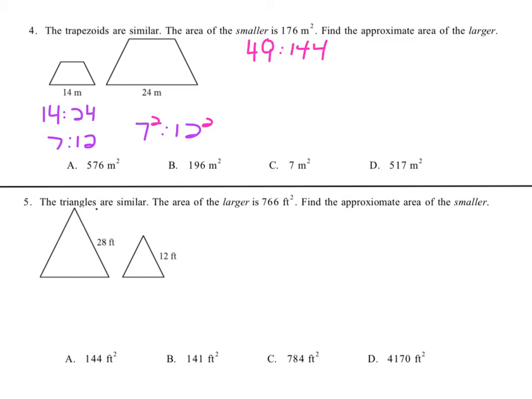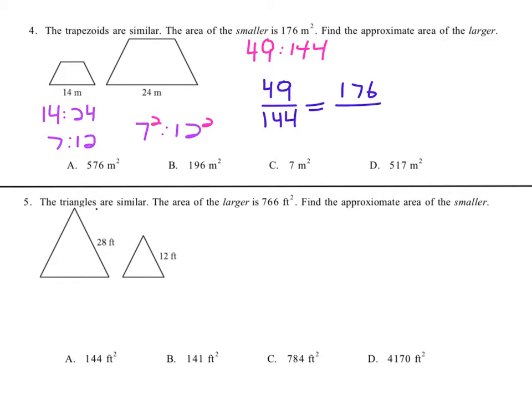And then they say, okay, another way to write it is actually, because this might be helpful to see it like that. 49 to 144 is the same as saying 49 over 144 as a ratio like that. And we can say that's equal to some other ratio they're about to give us. They're going to say the area of the smaller is 176.